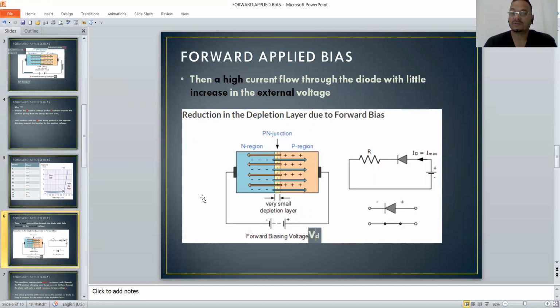Then a high current flows through the diode with a little increase in the external voltage. Why? Because, like I said before, until 0.6, 0.7 the result was less than 0.5. After that, we just put in 0.1 volt more. After that, the current equals 8 microampere.